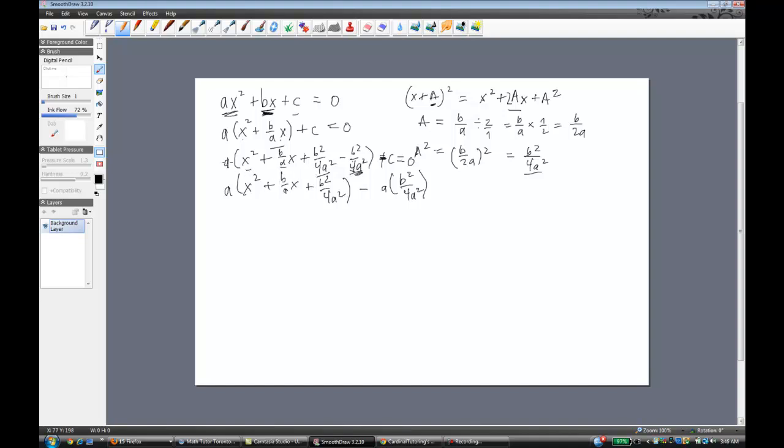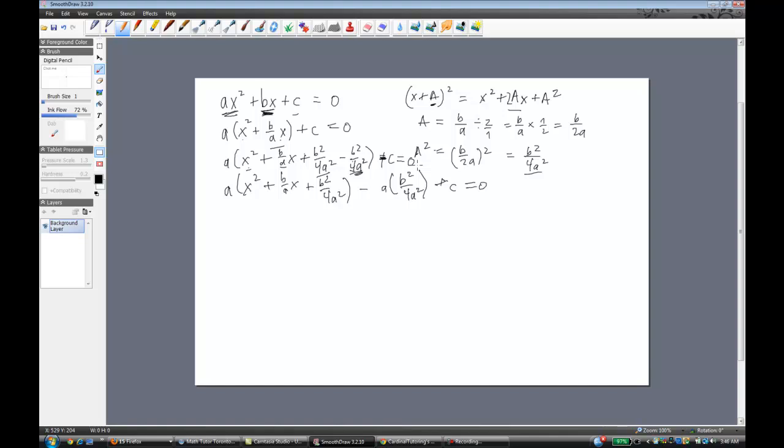So if you like, we can distribute the a over all four terms, but then factor again the resulting first three terms and undo the expansion, so that what we'll have is a times this trinomial minus the fourth term, which doesn't go back into the parenthetical expression, which is a times b squared over 4a squared. Okay, plus c equals 0.